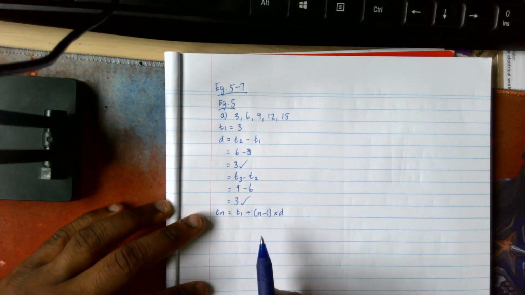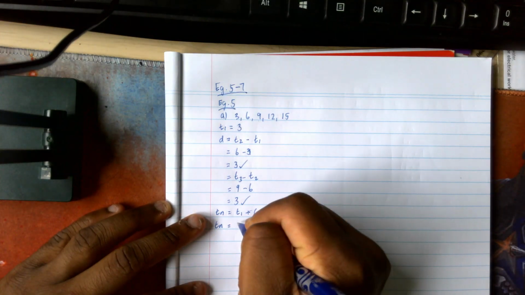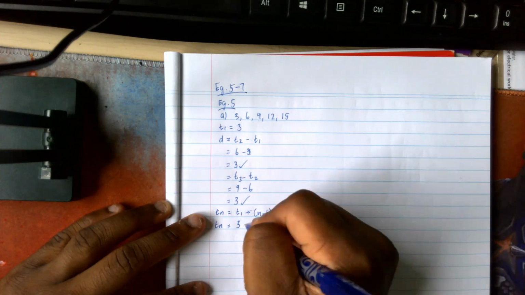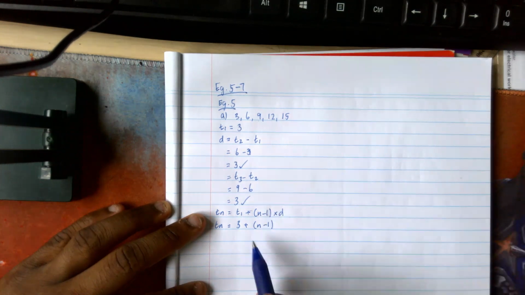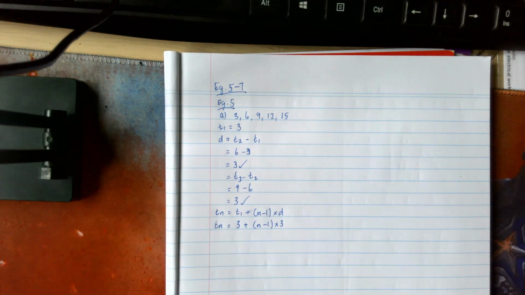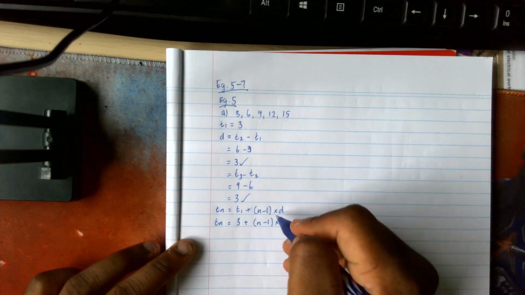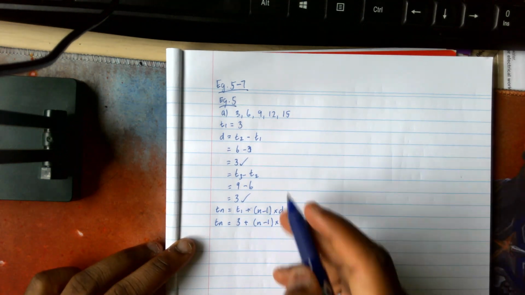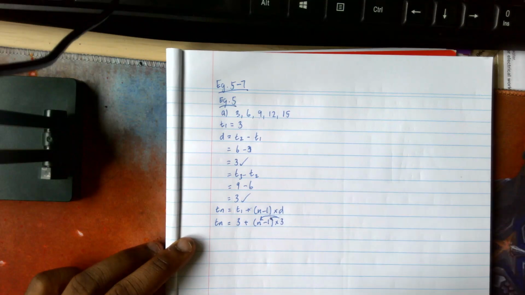So looking at what we have, we know that Tn equals our T1 value, which is 3, plus n take 1, because we don't know what n is, multiplied by our common difference. We know from junior maths that when we have brackets, we're going to use the distributive law and multiply them in.